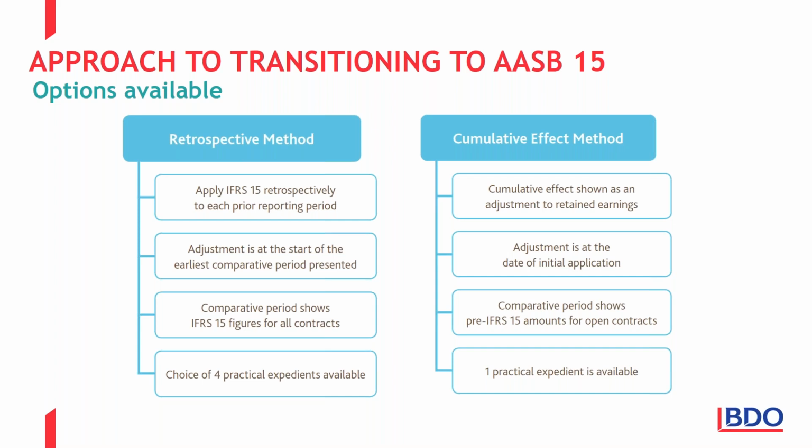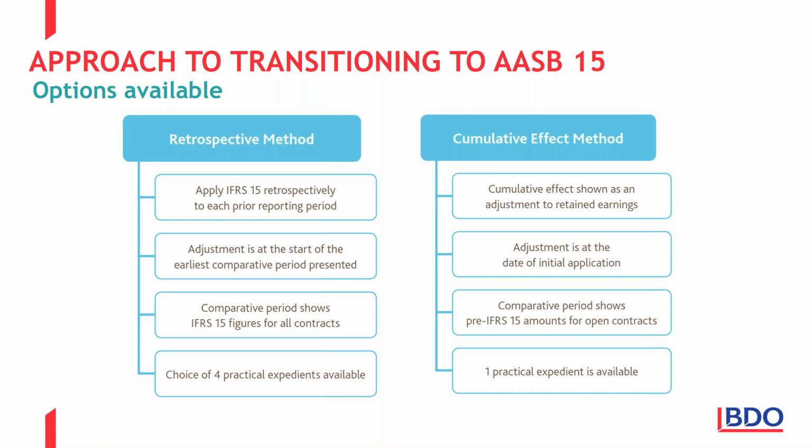So if you're looking at 30 June 2020 financials, if your date of initial application is 1 July 2019, everything that happened before 1 July 2018 would be adjusted and disclosed against retained earnings on the 1st of July 2018.